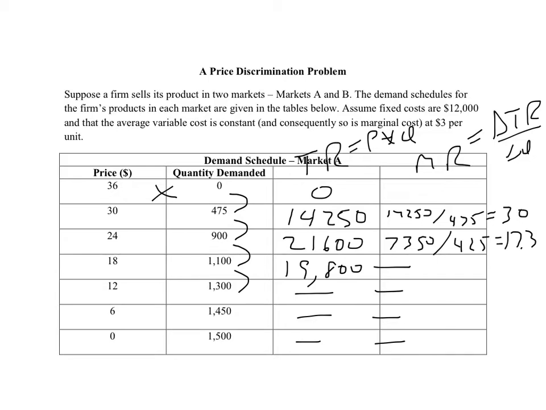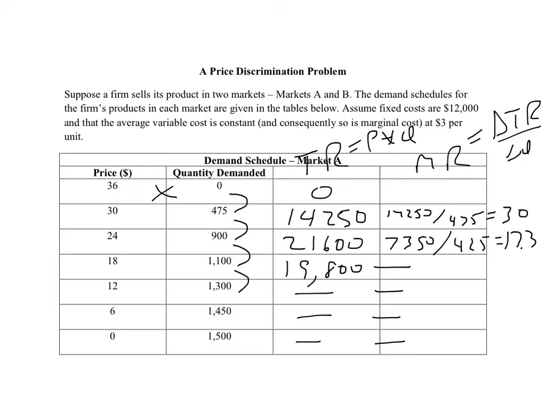We can pause here for a moment. Since we know that marginal revenue is 30 and then 17.3 and then it becomes negative, marginal cost is a constant $3, we can use the profit maximization rule. To maximize profits in Market A, we're going to choose the highest level of output at which marginal revenue is greater than or equal to marginal cost.